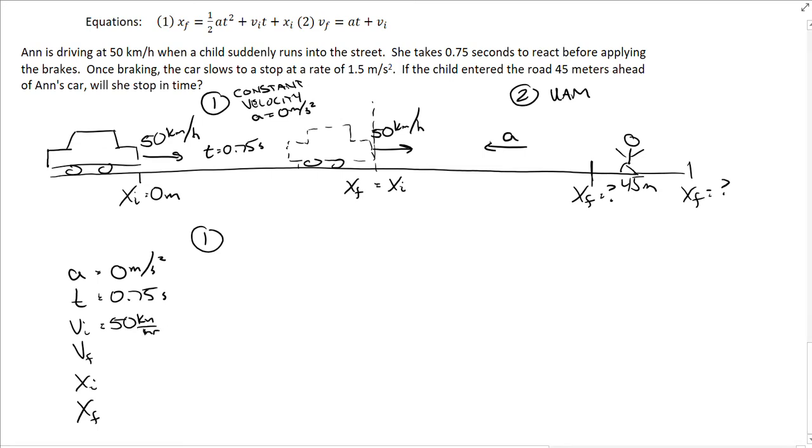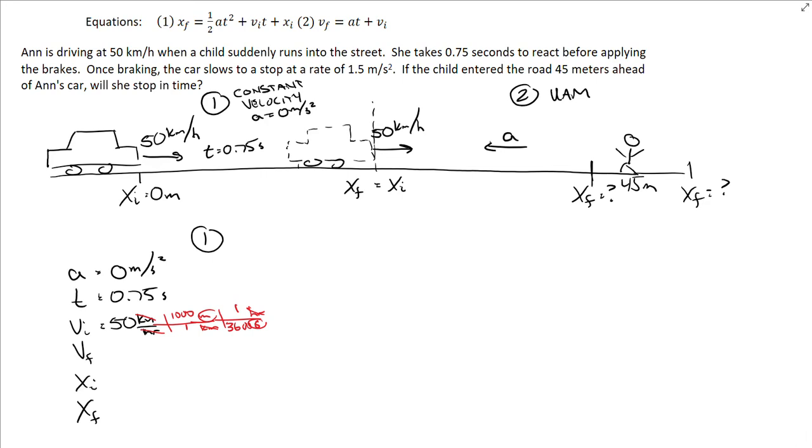Now that should be a red flag. Let's go ahead and convert that. Let's get rid of kilometers and go to meters. There are 1,000 meters in a kilometer, and in an hour, 1 hour is 3,600 seconds. Hours cancel with hours, kilometers with kilometers. We're in meters per second.